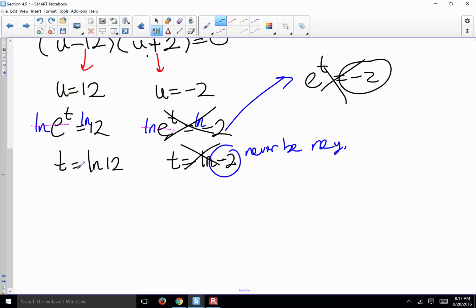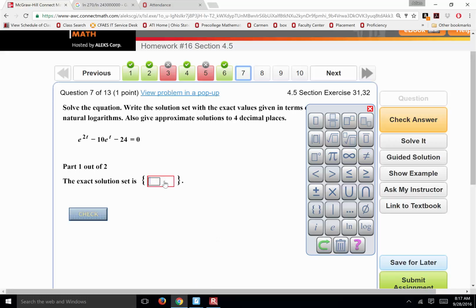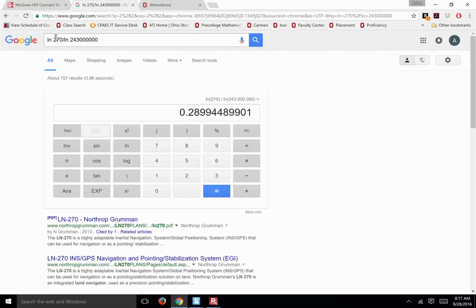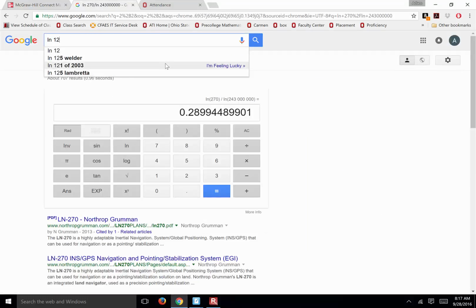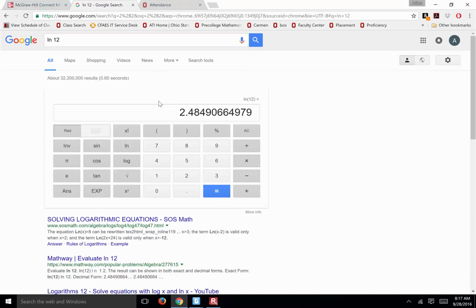So there is actually a single solution, ln 12 here. Alright, approximate solution, you just need to enter this here and get up to 4 digits. 2.4849.